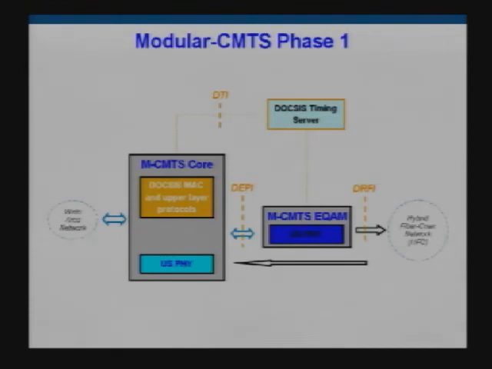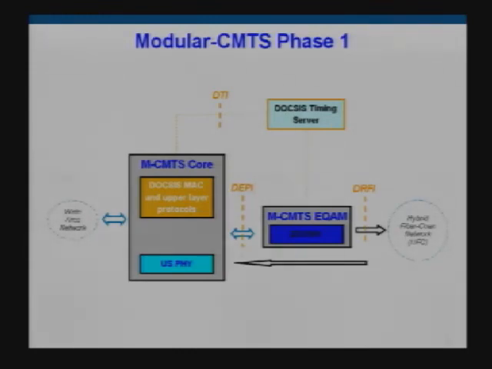Cisco doesn't have to come up with its own EQAMs, even though Cisco has got it. And another thing is EQAMs are already there, widely deployed, being used for video. For a lot of the EQAMs out there, all we need to do is a software upgrade to support this functionality, and maybe some slight hardware upgrade with hardware cards and so on.